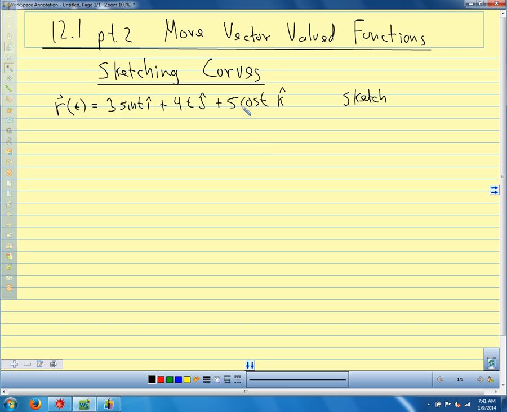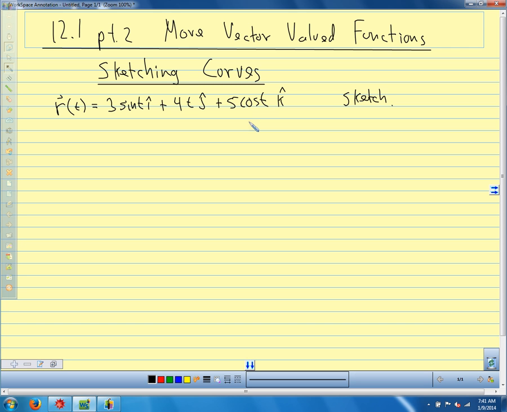And hopefully, by the end of the semester, we can look at something like this and just, without having to do a lot of analyzing, have an idea of what this curve looks like.